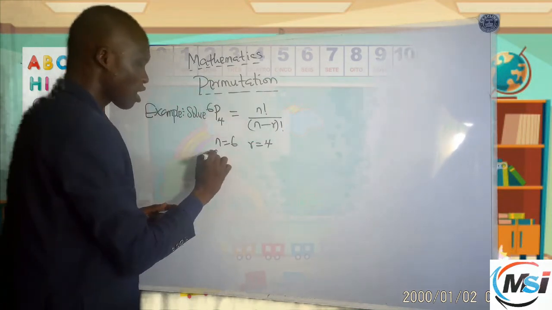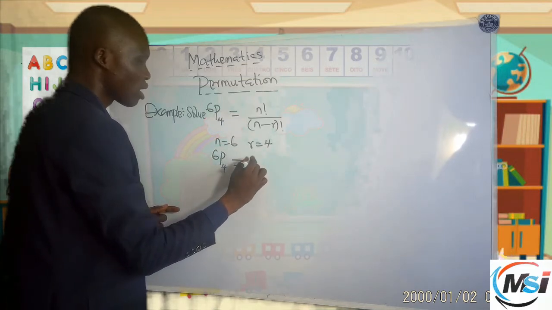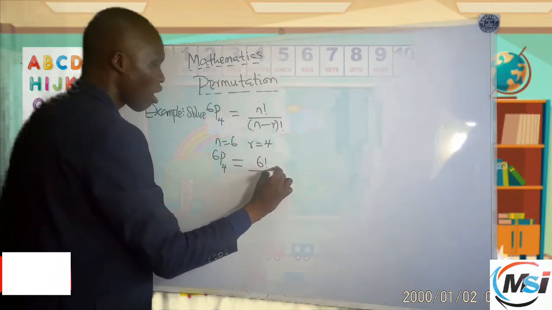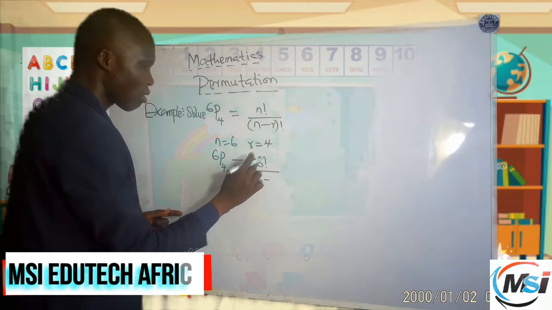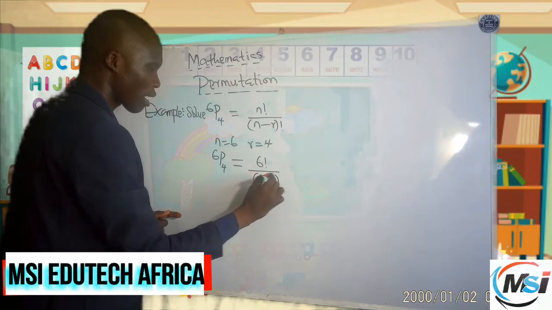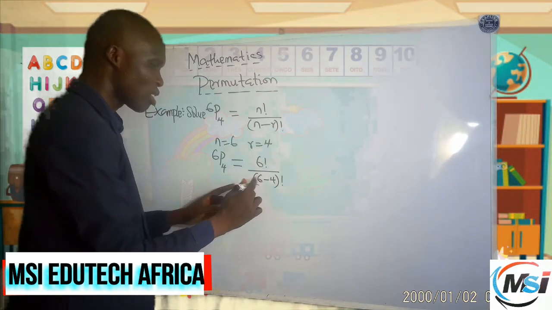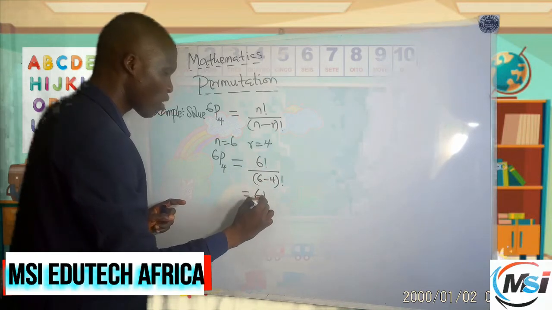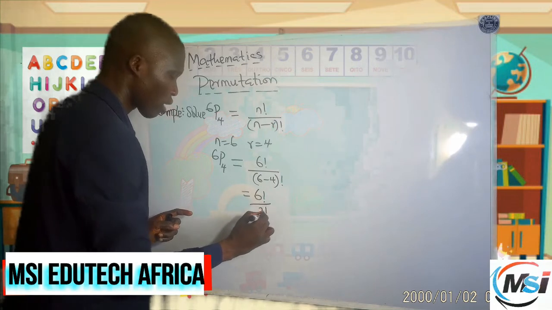So 6 permutation 4 will give us 6 factorial all over (6 minus 4) factorial, which gives 2 factorial.